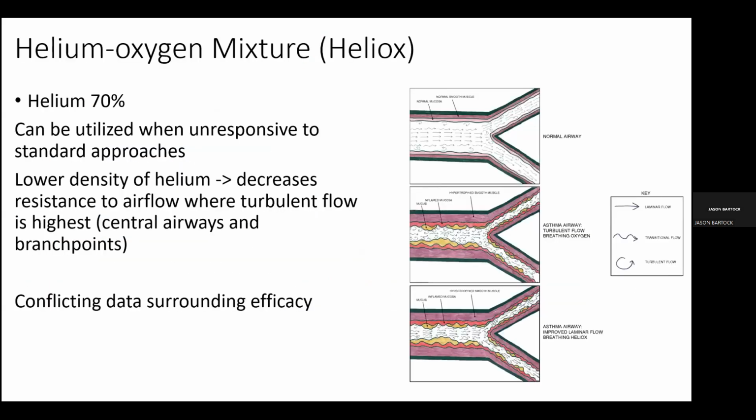Other things to think about when it comes to offloading: helium oxygen mixtures are something that we do use sometimes in severe asthma. The utilization of 70% helium, 30% oxygen can create better laminar flow, specifically around turbulent areas and larger airways. The data is not good.